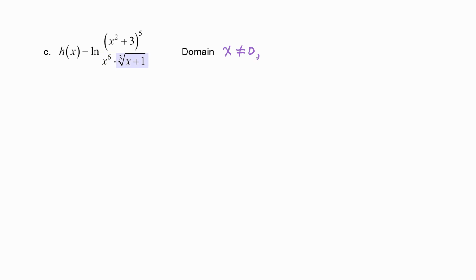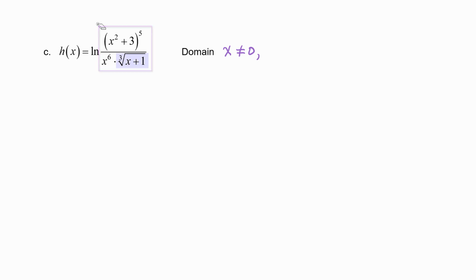And then here we have the cube root of the quantity x plus 1. Now remember, cube roots can have negatives in the argument because you can find the cube root of a negative. It's also negative. But the argument of the entire log can never be negative.